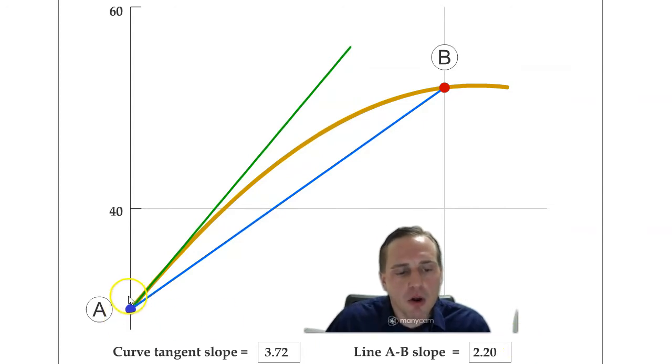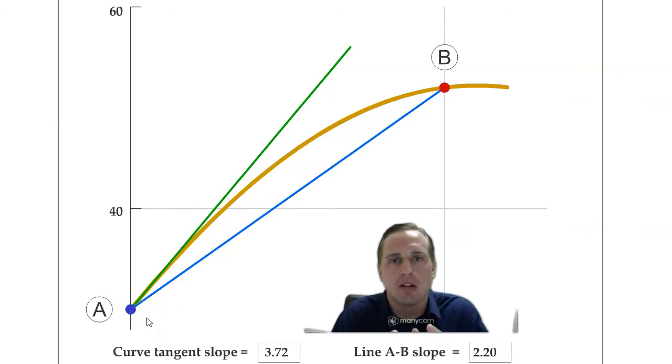How about point A? What is the slope at just point A? Well, at just point A, you might be interested in how fast the object is moving at just point A. That would be the change in the position over the change in time at only one moment.